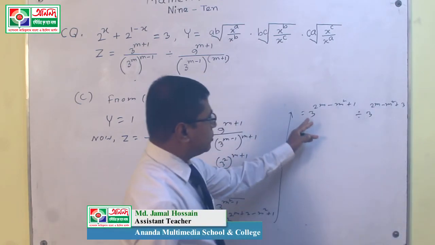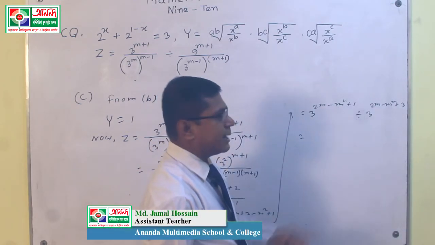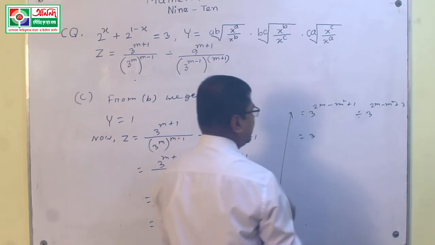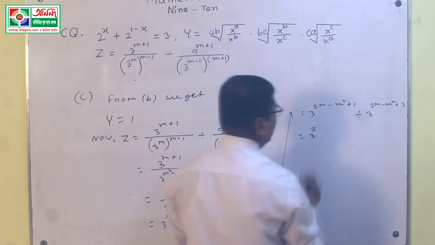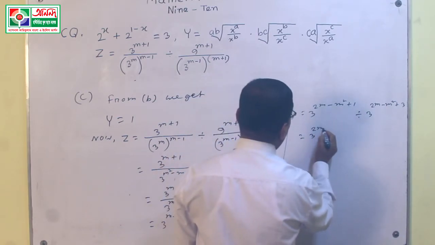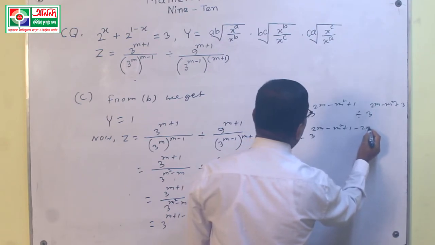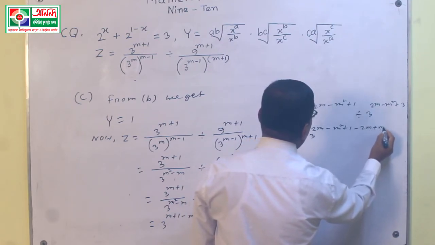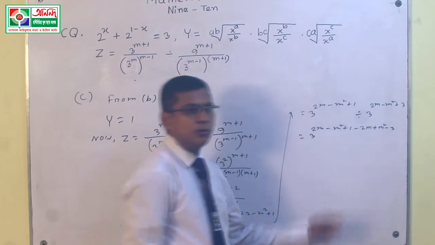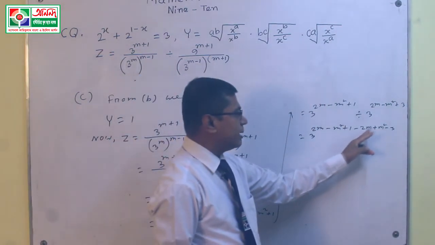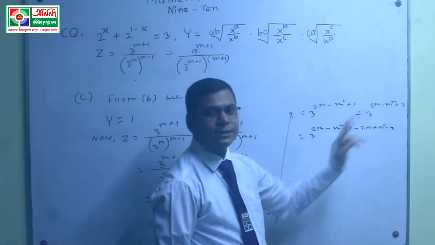Here look at, there are two bases and the division sign between them, so we can write only one base 3 and the power will be subtracted. So you can write here 2m minus m square plus 1 minus 2m plus m square minus 3, because if we multiply by minus, then you can write here minus 2m plus m square minus 3.